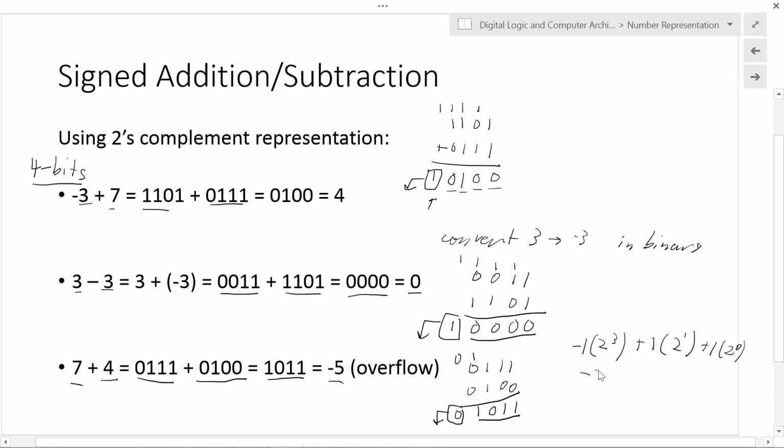So we have -8 plus 2 plus 1. -8 plus 3 is -5, which is a negative number. 4-bit integers cannot represent a positive number larger than 7.